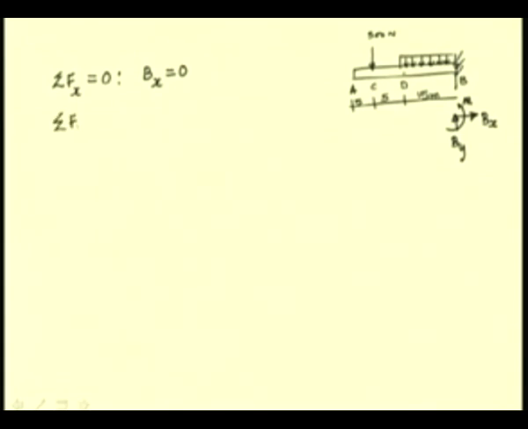Next, for the forces, the sum of the vertical components has to be 0, and from the diagram we see we have a 500 Newton force at C and a distributed load, say in this case let us take this to be 30 newtons per meter acting from D to B. We can find the equivalent concentrated load, which is nothing but the area under the curve, which is 30 newtons per meter for 15 meters.